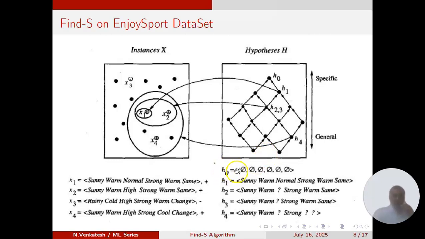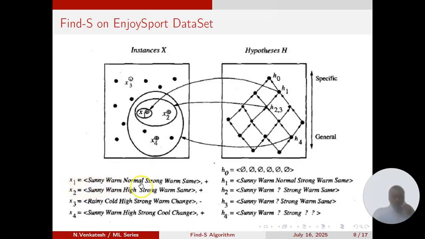Initially you have a hypothesis with all ∅s, and after reading the first training example x1, as we know, a hypothesis having a ∅ says no. That means the x1 example is not covered by h0, because h0 is representing no example.